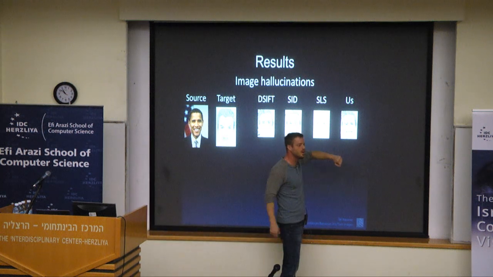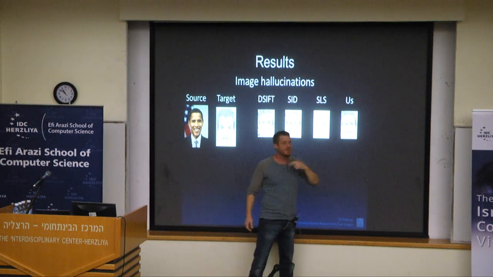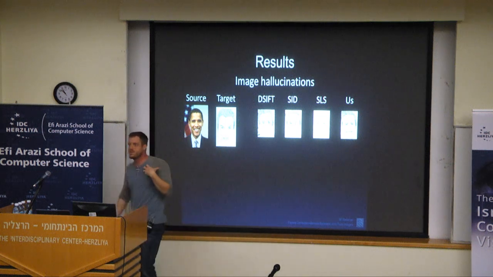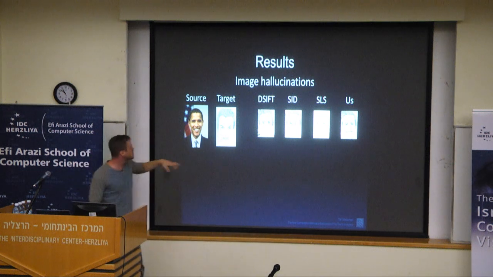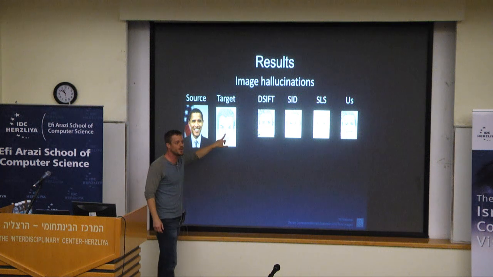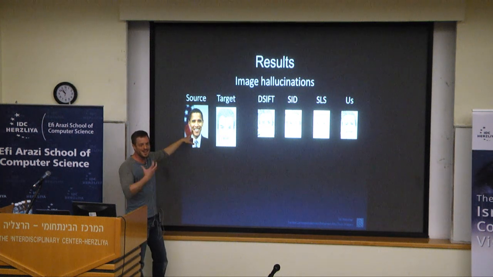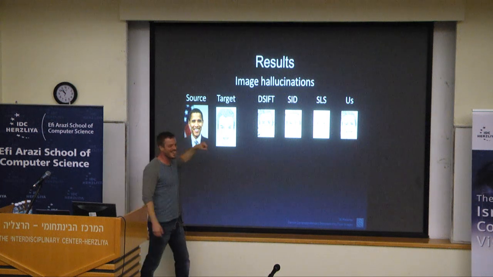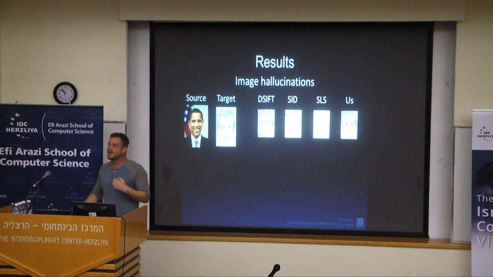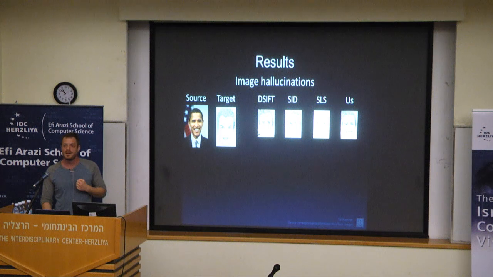I hope you can see this well. There are some small errors on the side of the mouth, but otherwise, maybe this is wishful thinking on my part, it looks like it took the very Caucasian-looking target image and Obama-fied it and made it look much more African-American than it used to, warping it into the shape of the source.